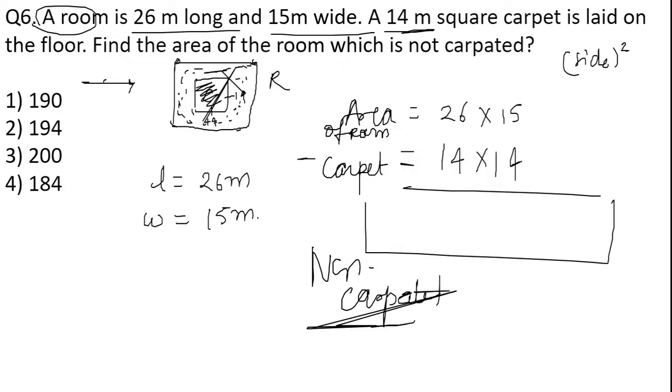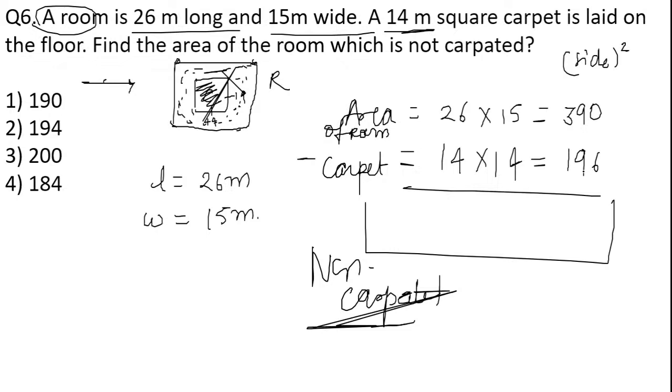So what you have to do is 15 into 26. That will give me 390. And 14 into 14, that is 14 square, will give me 196.